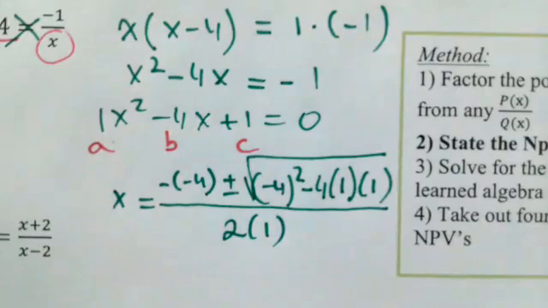This formula is in your formula sheet at the very top, top left corner, if I remember. So it's -B plus minus square root of B squared minus 4AC divided by 2A.